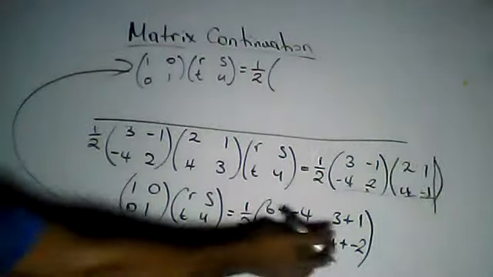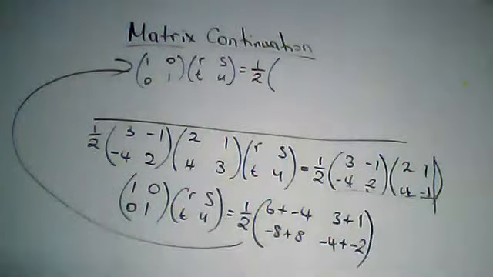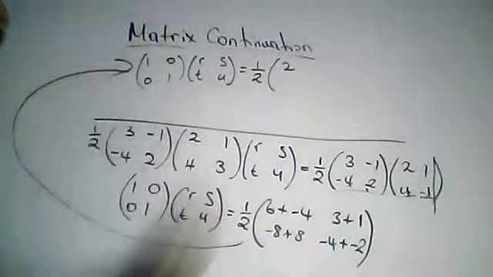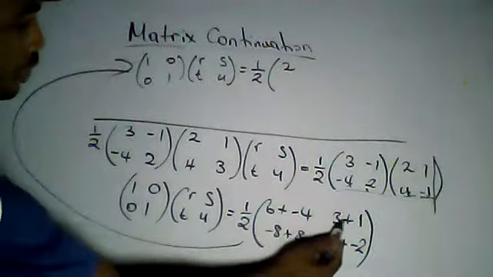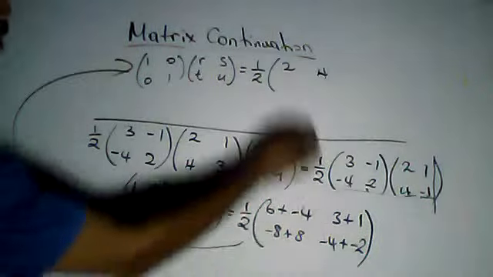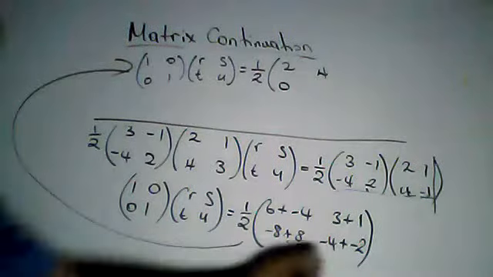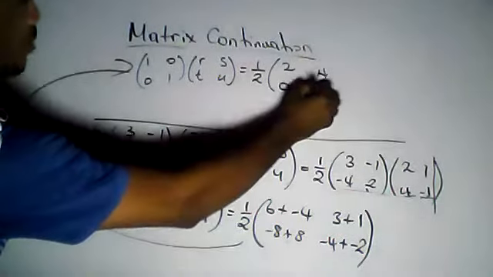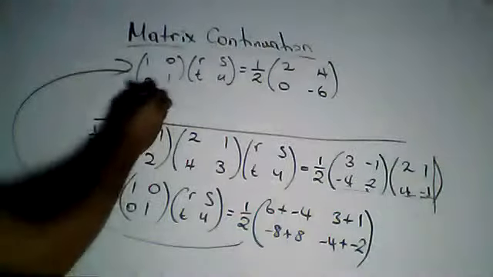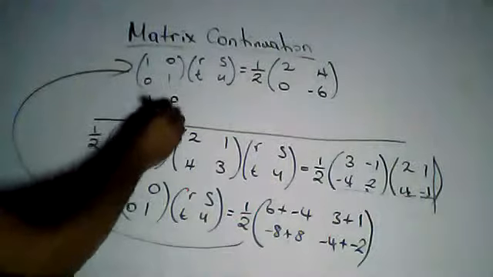So we're just going to simplify here. So 6 minus 4, that is 2. 3 plus 1, that is 4. Minus 8 plus 8, that is 0. Minus 4 minus 2, that is minus 6. So what you're going to have is 1, 0, 0, 1, R, S, T, U.